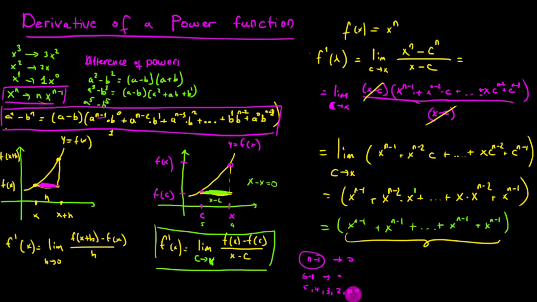Overall 6. So it means n. So overall you have n terms, so you just have n multiplied by x to the power of n minus 1. So you have proved the derivative of a power function, that this is true for all power functions.